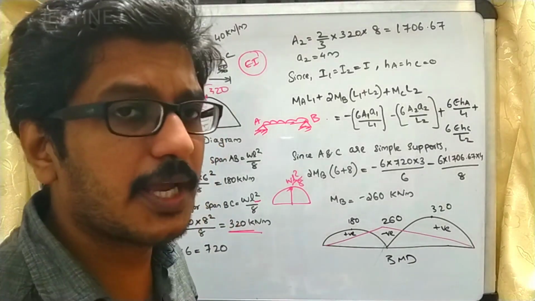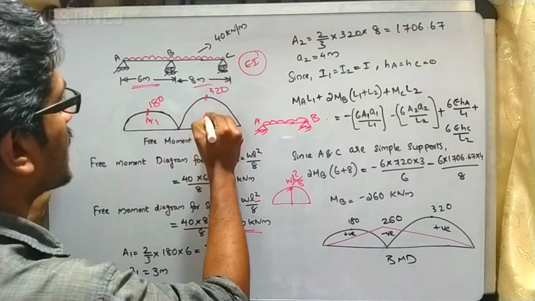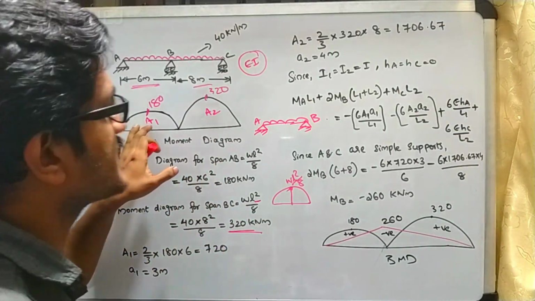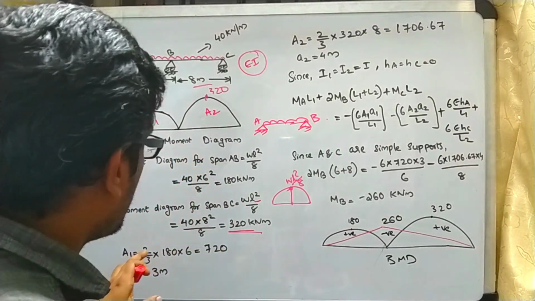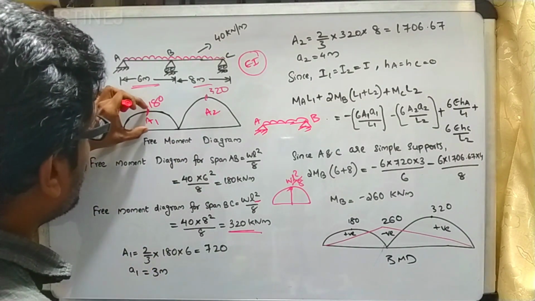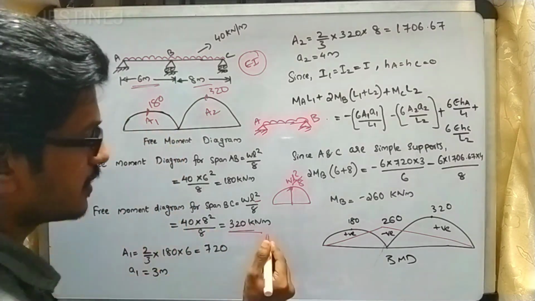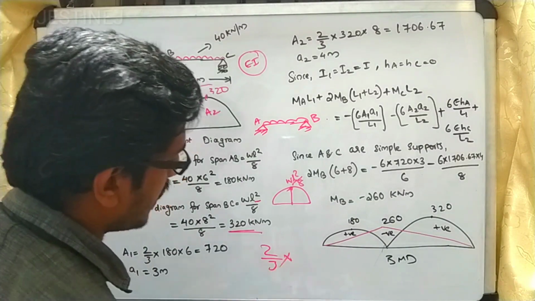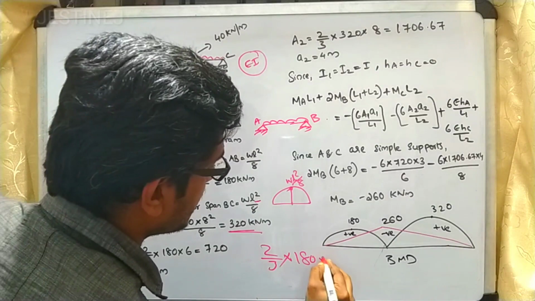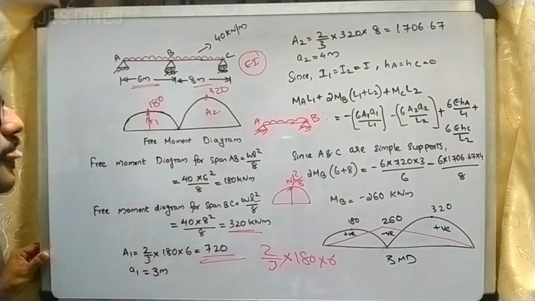Next, our aim is to determine the areas of this free moment diagram, A1 and A2. For the area of a parabola, the equation is 2 by 3 multiplied by the vertical distance, that is 180, multiplied by 6, so you will get 720.